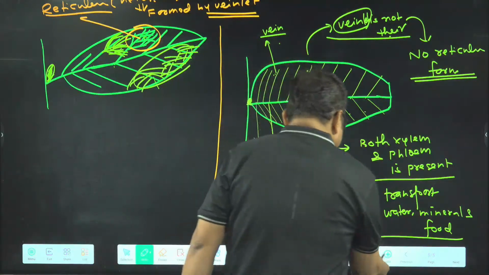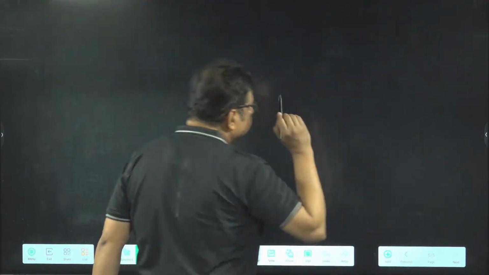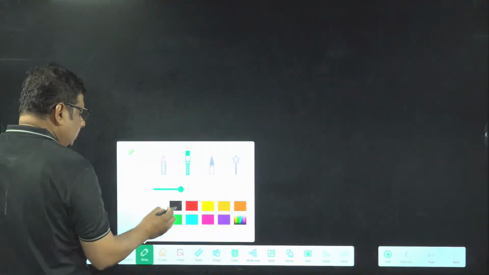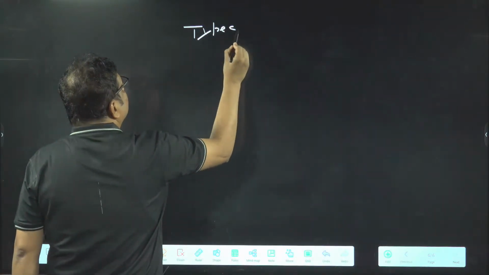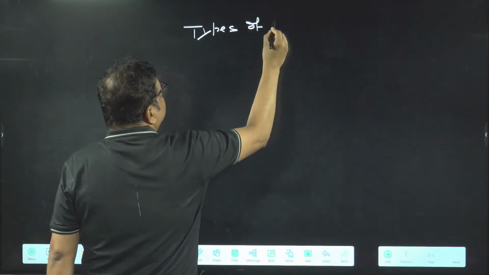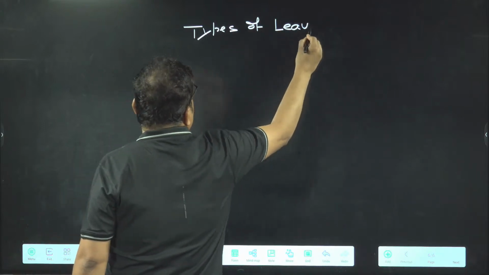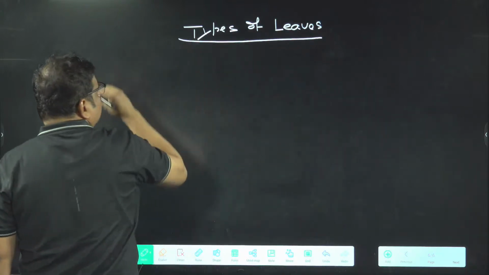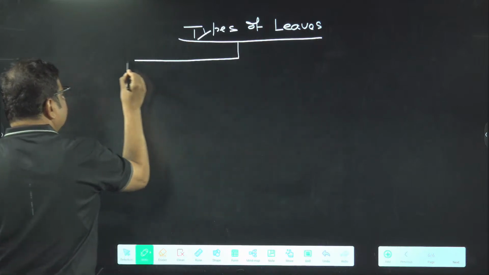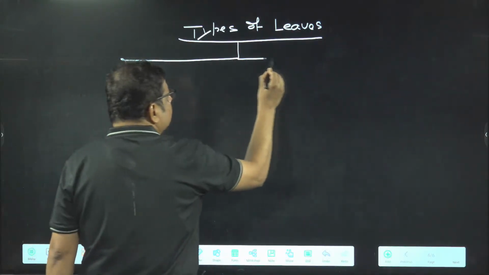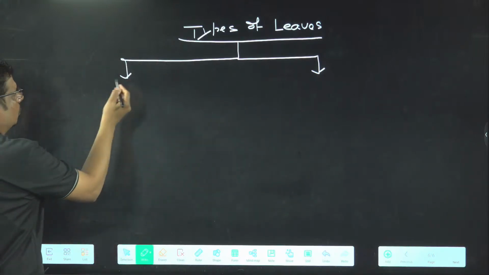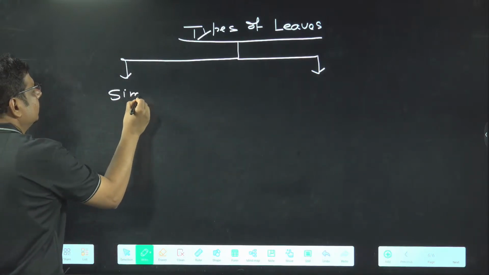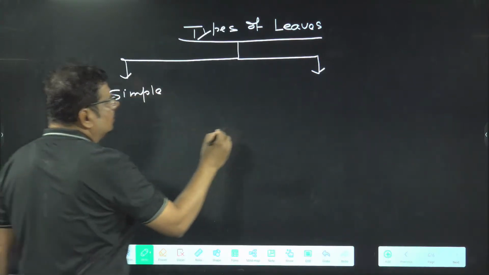Now we are moving ahead. Now we are going to deal with types of leaf. There are two types of leaf given. A simple basic classification is given in NCERT. Not a much detailed classification is given. So simple leaf, and another one is which one?